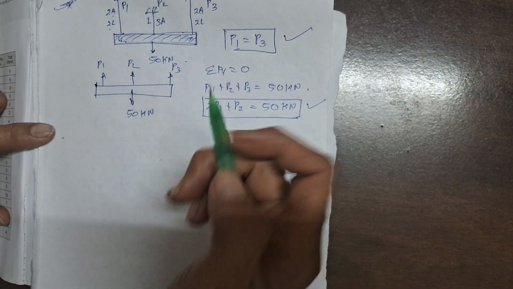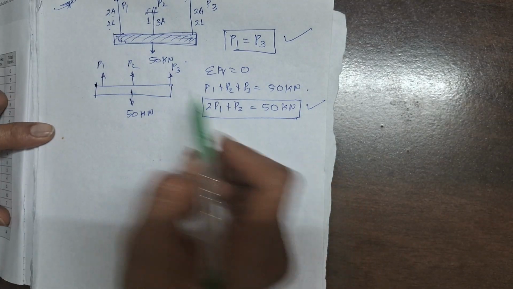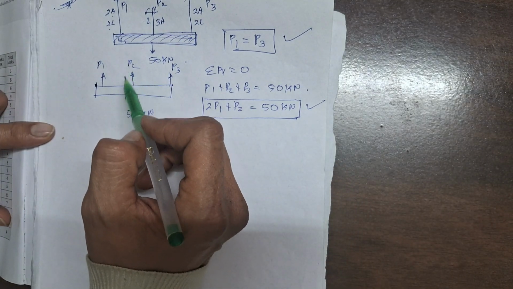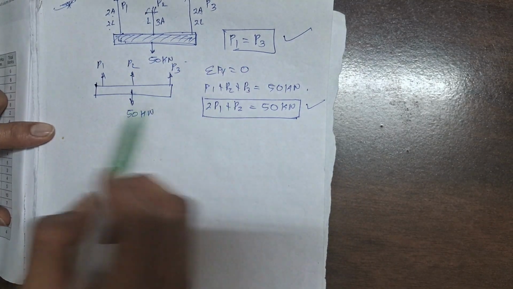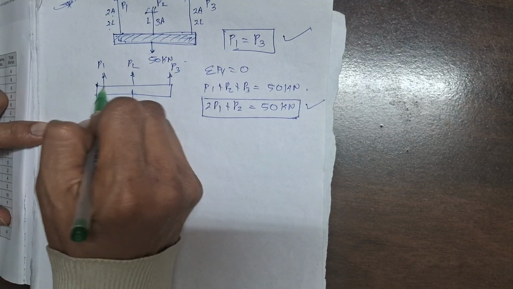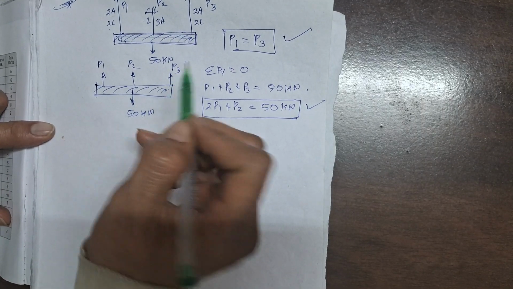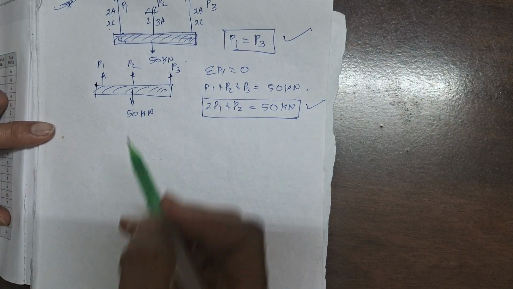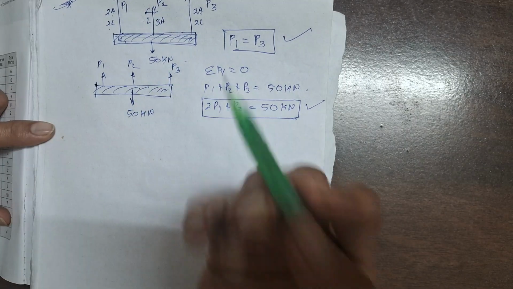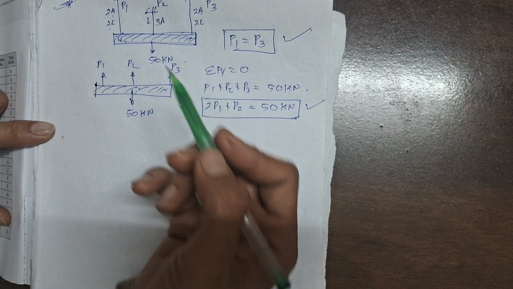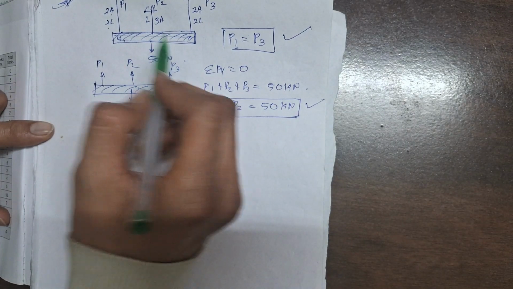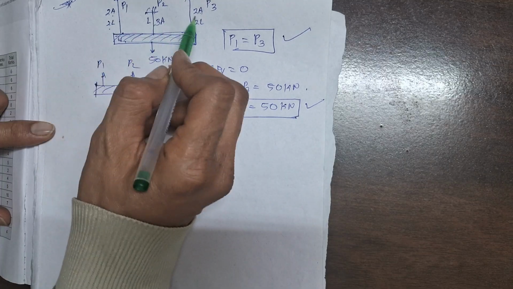Okay, now see, P2 is your central reaction, and this is your rigid bar. So what happens because of this rigid bar? Whatever actual deflection will be there because of this load, that deflection will be in these rods.